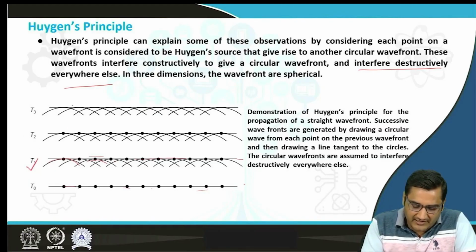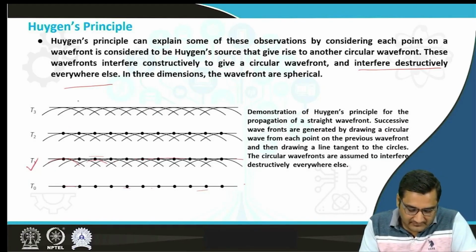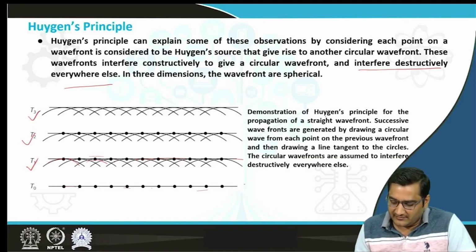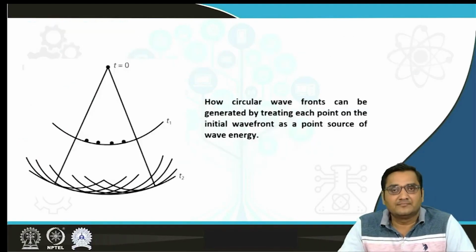Similarly, you can find the position of this wavefront at t2 and t3. So this demonstrates Huygens' principle for the propagation of a straight wavefront: successive wavefronts are generated by drawing a circular wave from each point on the previous wavefront and then drawing a line tangent to the circles. Circular wavefronts are assumed to interfere destructively.